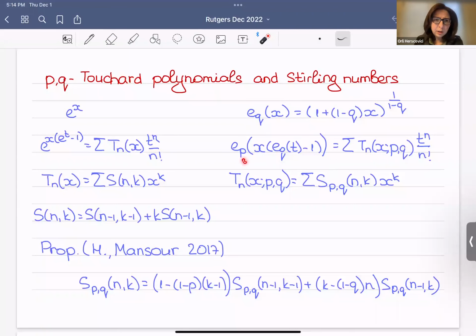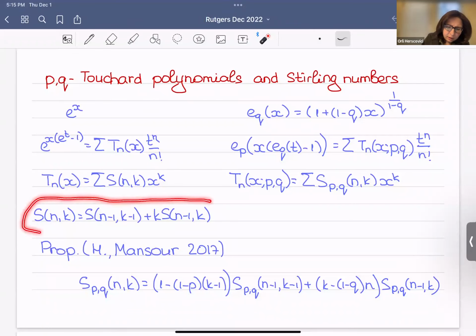P for the external exponential and Q for the internal exponential function. So now our generalization of two-sharp polynomials will depend on two parameters, P and Q. And as classical two-sharp polynomials have Stirling numbers as their coefficients, we called the coefficients of our PQ two-sharp polynomials S_{p,q}(n,k).